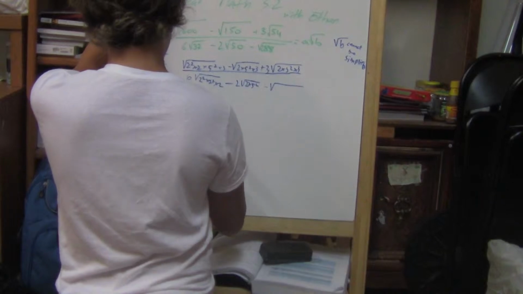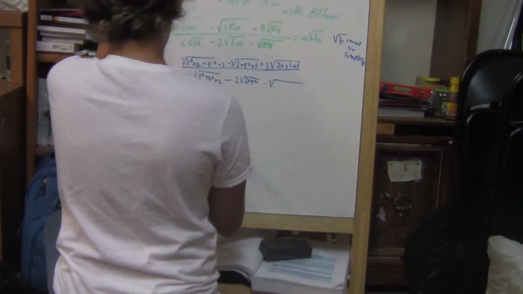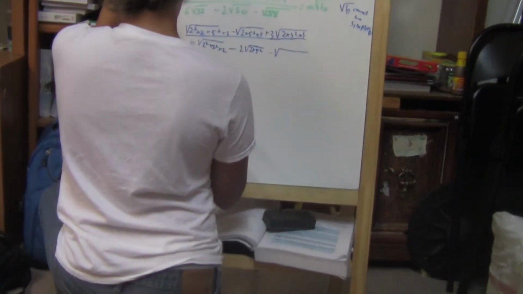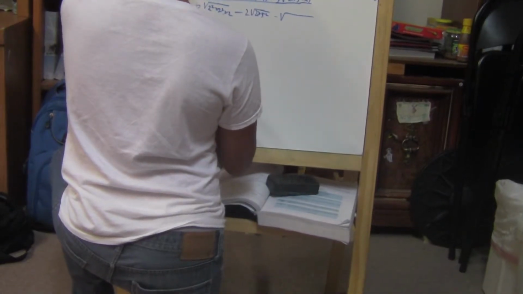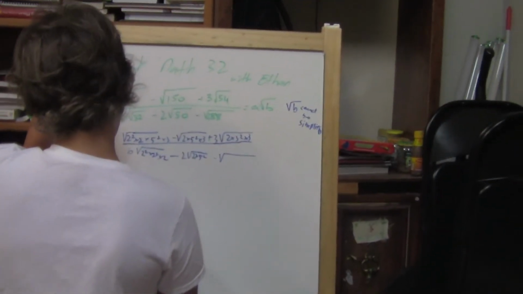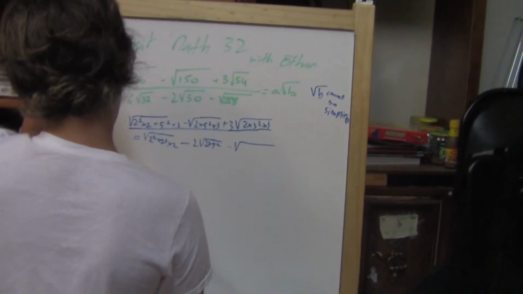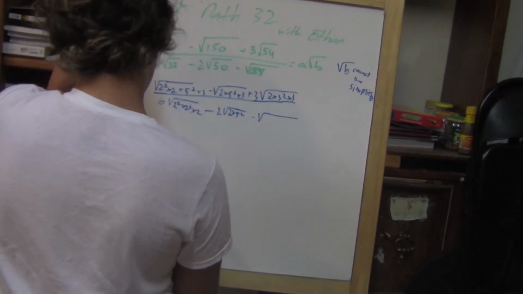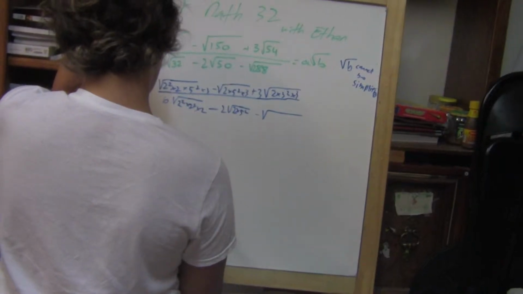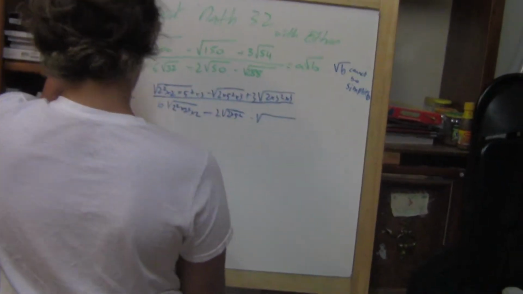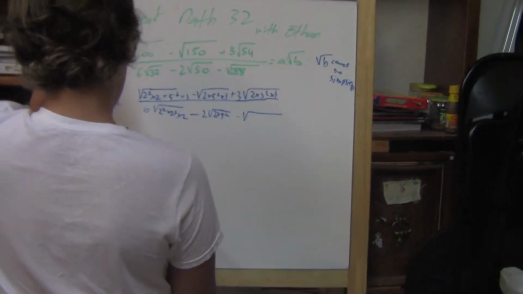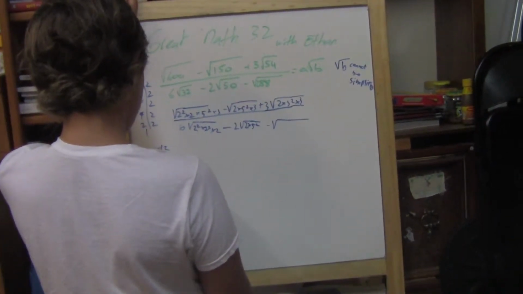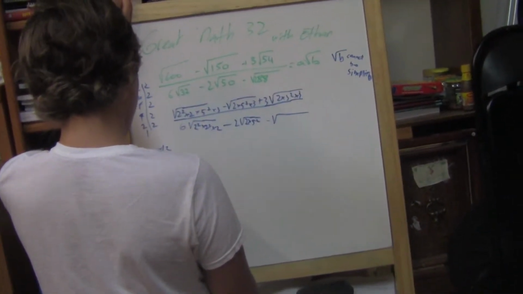Basically 288. So 288 divided by 2 is 144. 144 divided by 2 equals 72. 72 divided by 2 is equal to 36. 36 divided by 2 is equal to 18. 18 divided by 2 is equal to 9.